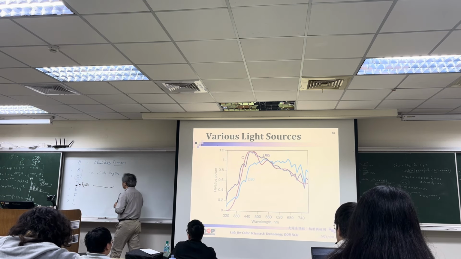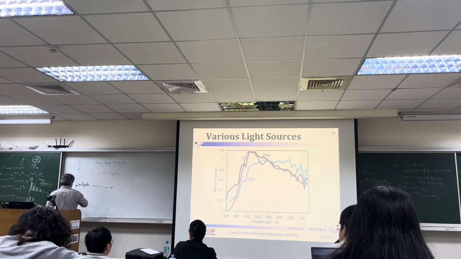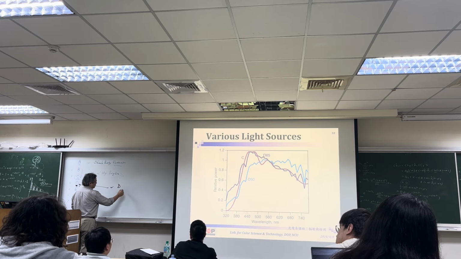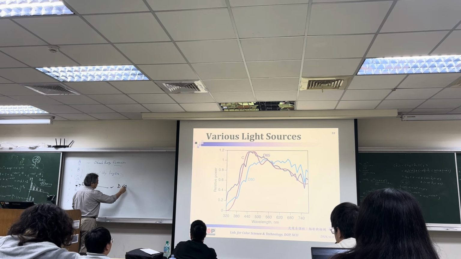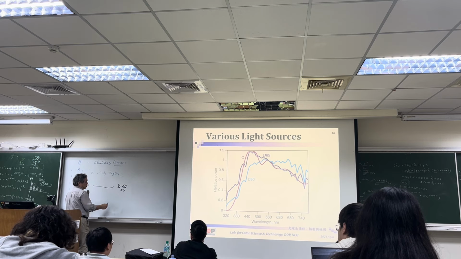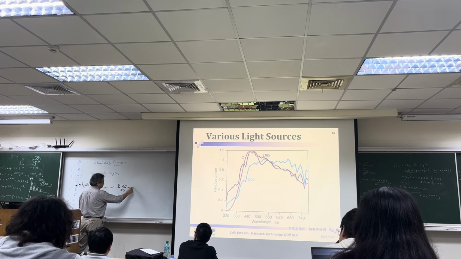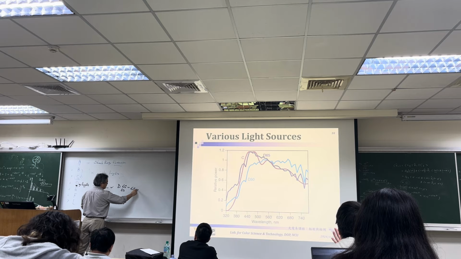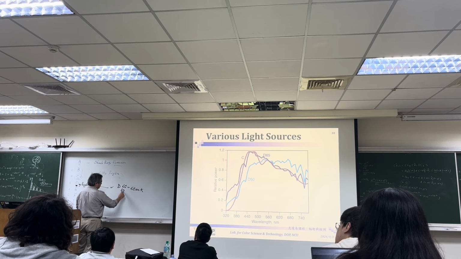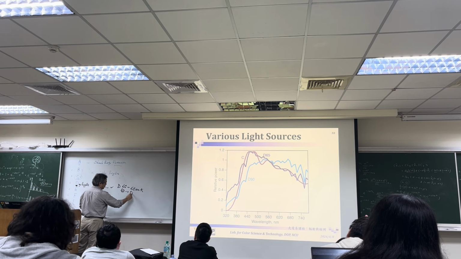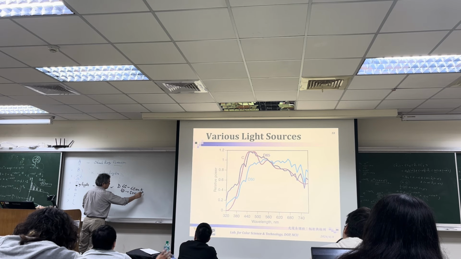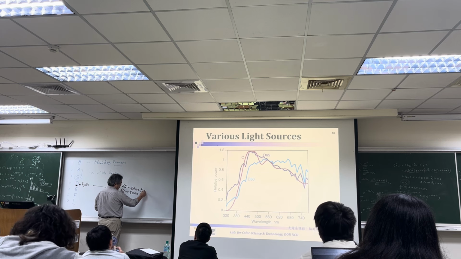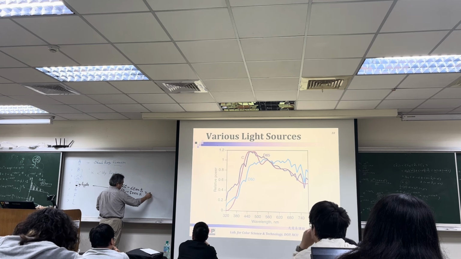What is the meaning of the numbers after the D? 65 means 6,500 K, and 50 means 5,000 K. K is the unit Kelvin, the temperature.